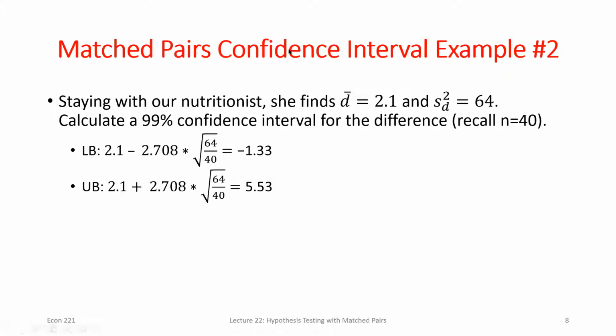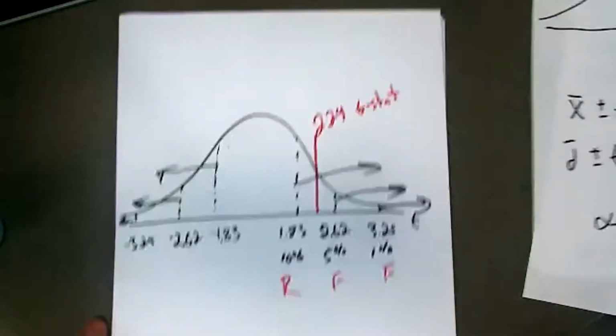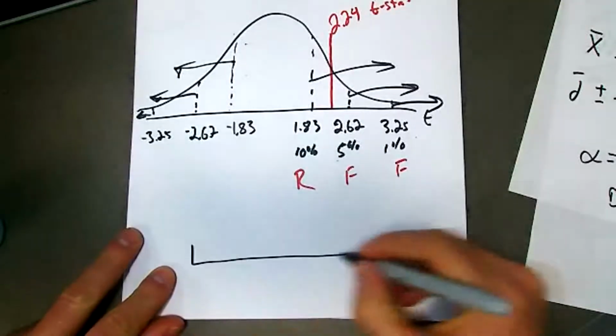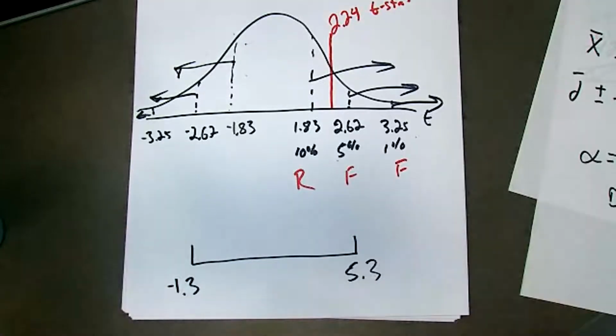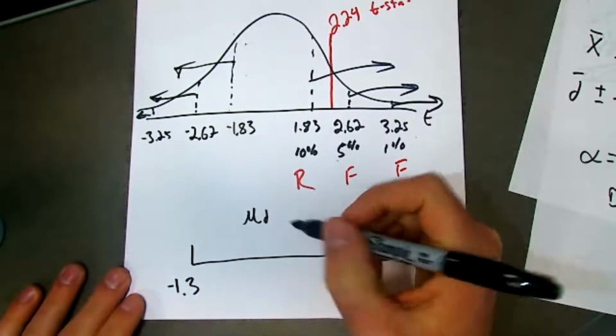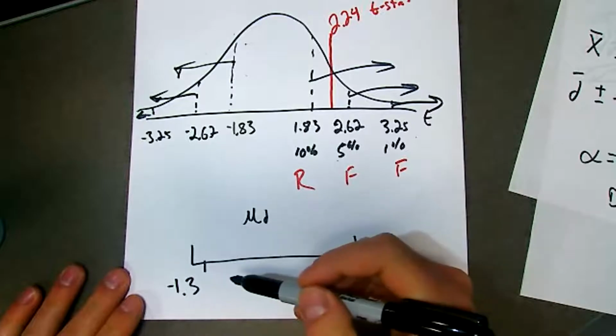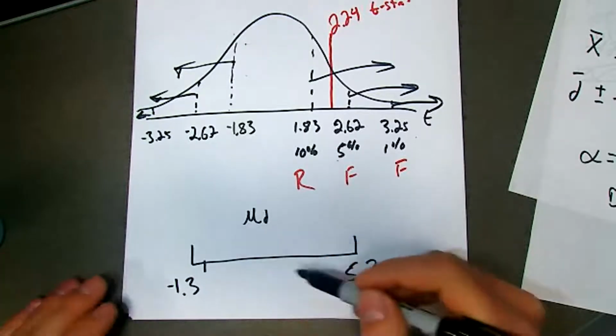So we're thinking about what this means for us. We just found negative 1.3, I think it was, to 5.3 or something like that. So the true mean difference in calorie consumption could be negative. So the true average change could have been that calories went down.